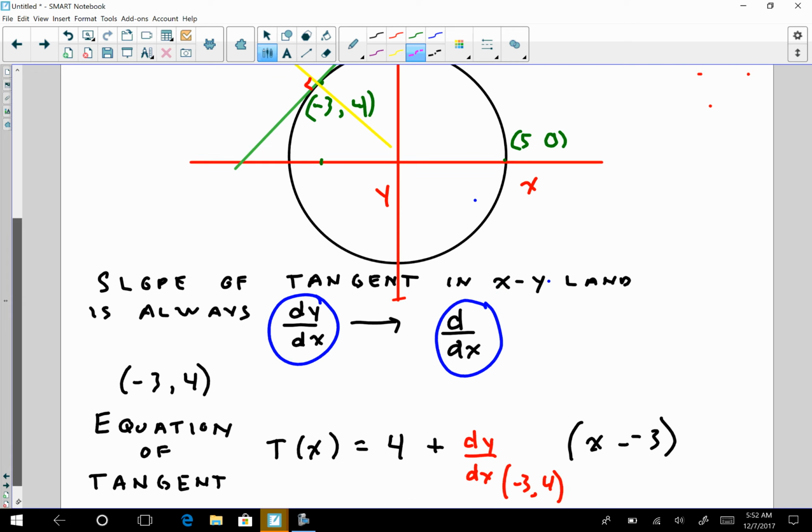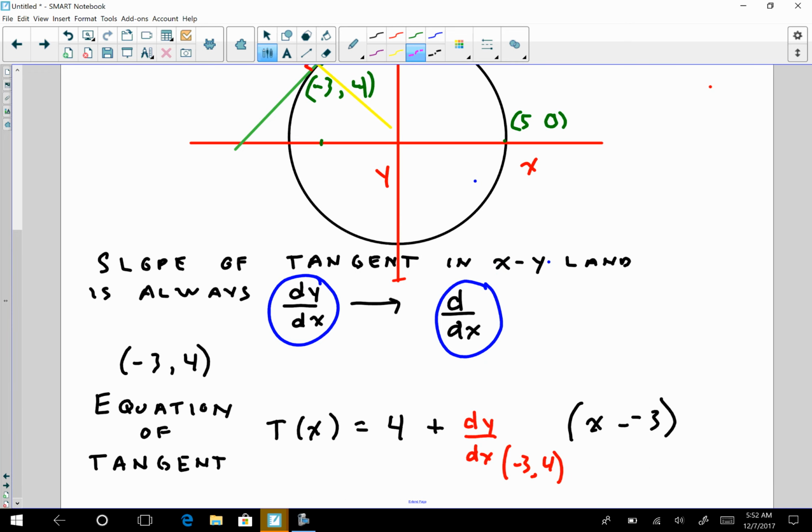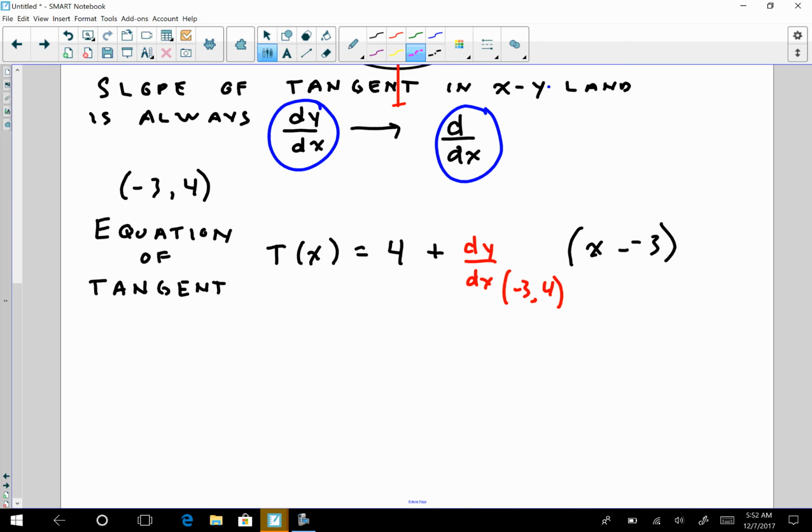And take note that the tangent line, something else that we've done for multiple days, multiple months, the equation of the tangent line at the point negative 3, 4 is going to be the y value plus the derivative at that point, negative 3, 4, and then x minus the x value.